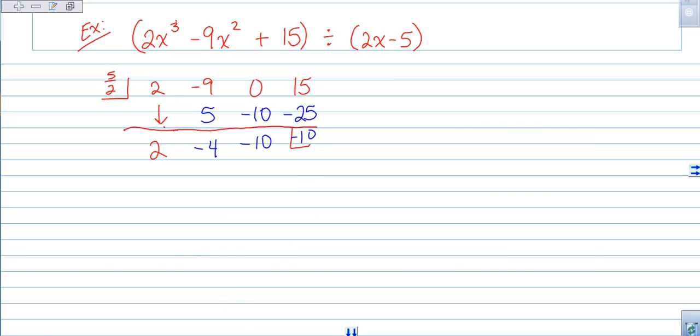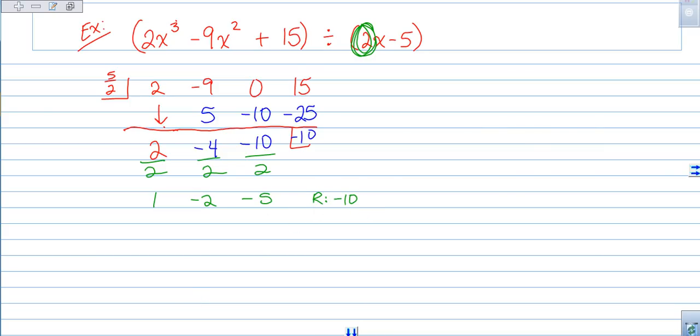Okay? And then, to make sure we've done it correctly, we're going to go through and divide everything by 2. So this 2 right here is what we're going to divide everything by. And you'll get 1, negative 2, negative 5, and then a remainder of negative 10.